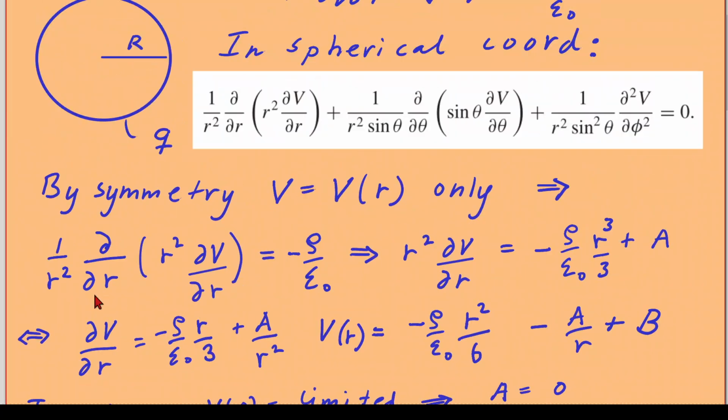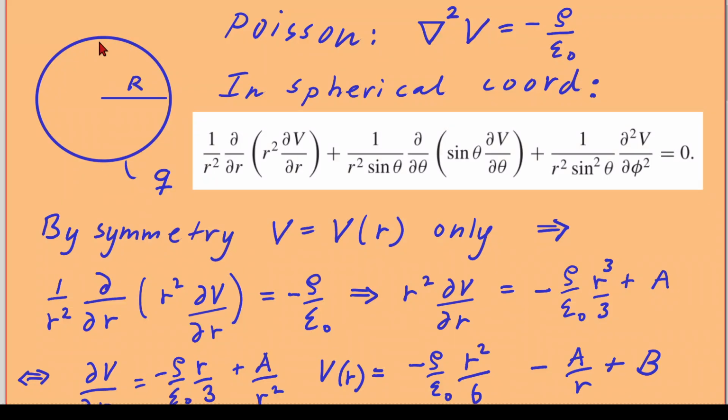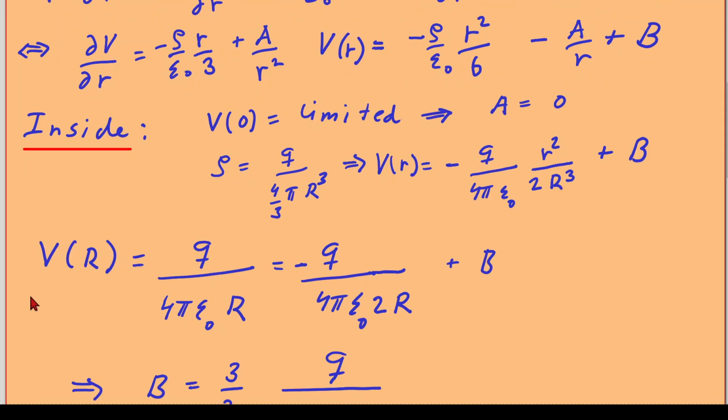Next is the boundary condition at the distance capital R. What is the potential outside the sphere or very close to the sphere? We learned that before. It's just like you put all the charge Q in the center. So V equals Q over 4 pi epsilon naught capital R, just outside the sphere on the border.